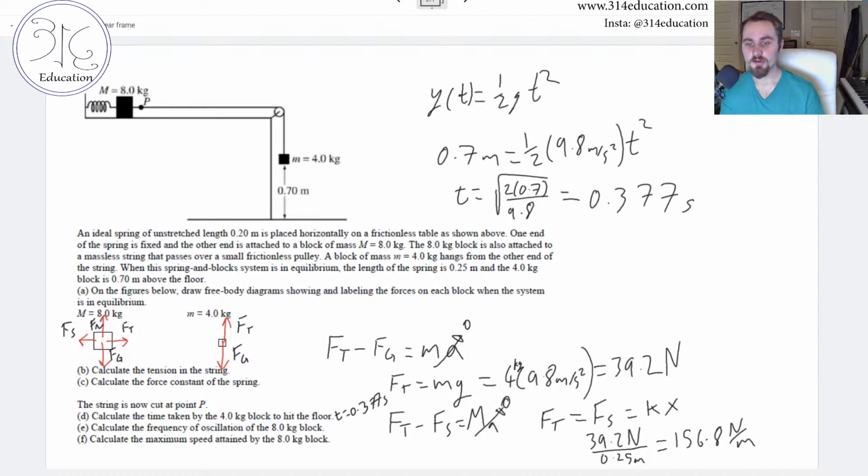Calculate the frequency of oscillation for the 8 kilogram block. Well, we know our K value now. This was our K value down here, right? So this tells us our frequency of oscillation, that's going to be this omega, right? So, well, yes. Technically this is our angular frequency, so we can technically divide this by 2 pi.